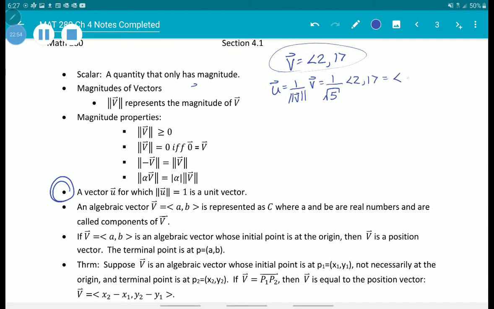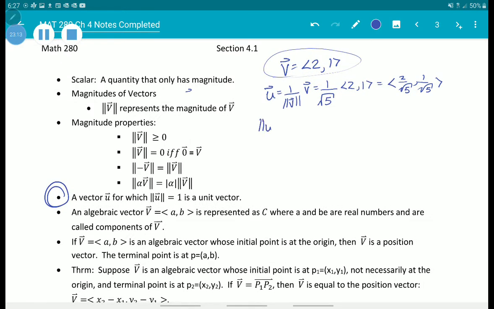So our unit vector would be 2 over square root of 5, comma, 1 over square root of 5. So that unit vector will go in the same direction as v, but the length of that vector is 1. And we could always double check that length if we wanted to.